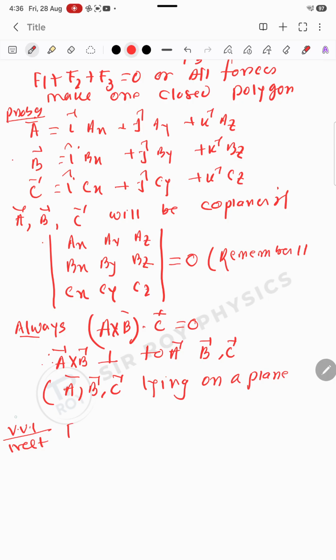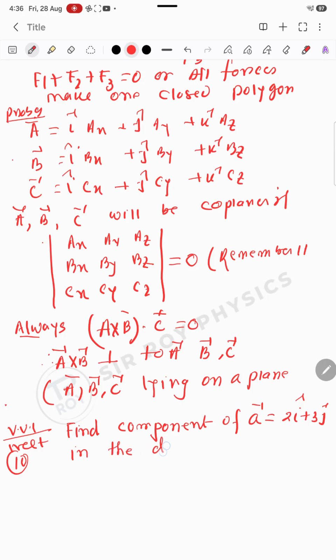Find the component of A vector 2i plus 3j in the direction i plus j. What will you do?